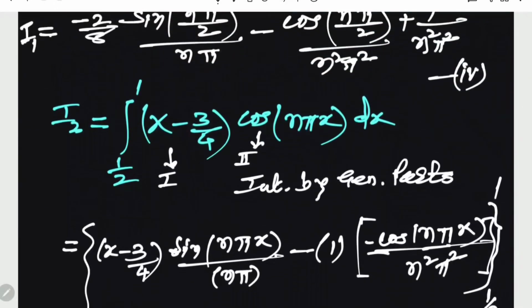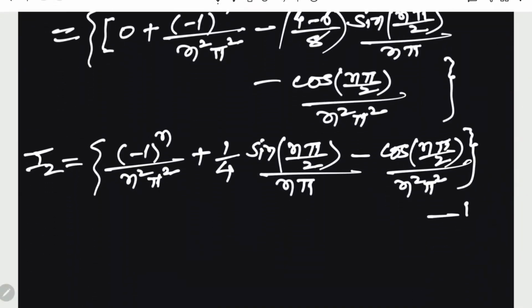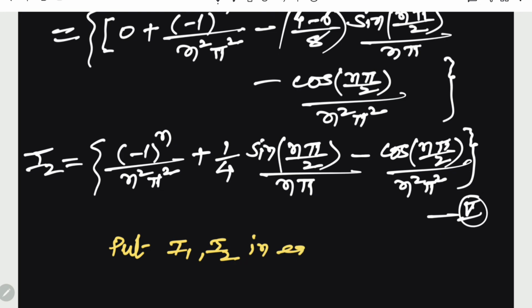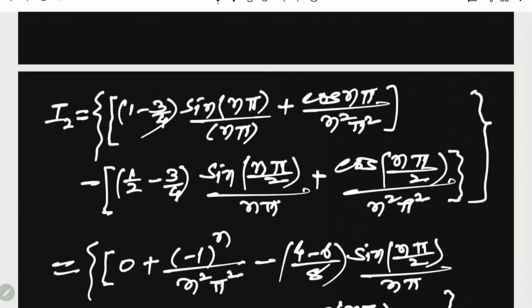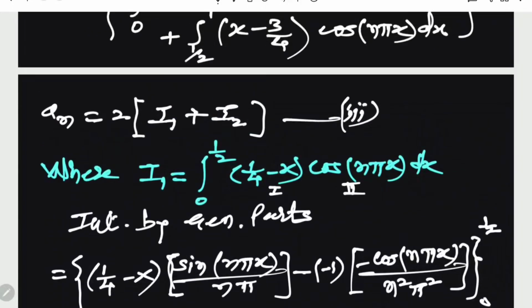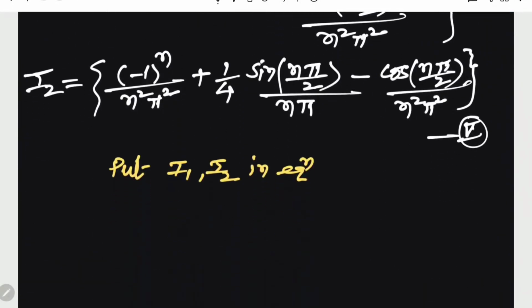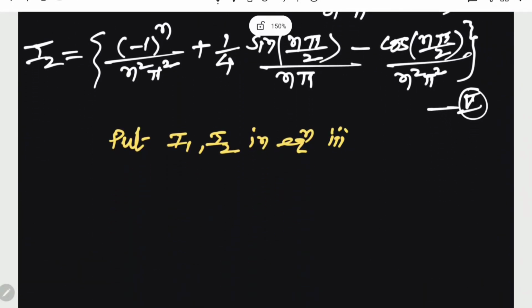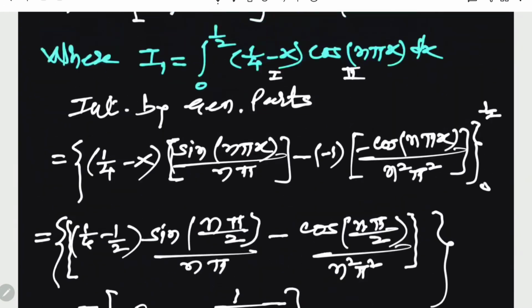Substituting the values of I1 and I2 in equation 3, we get the value of An as 2 times the sum of I1 and I2.